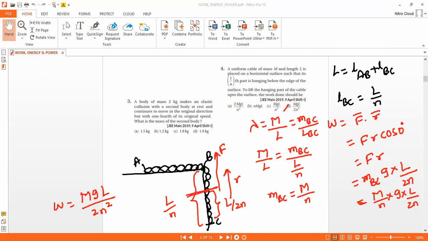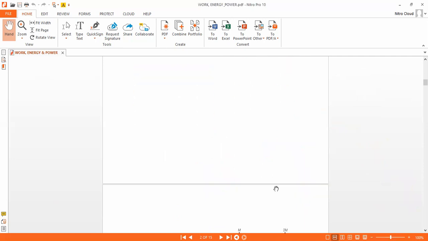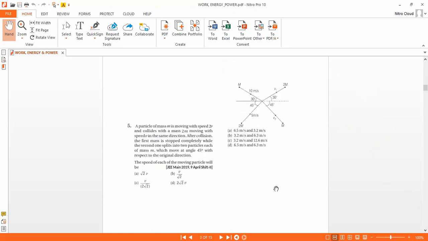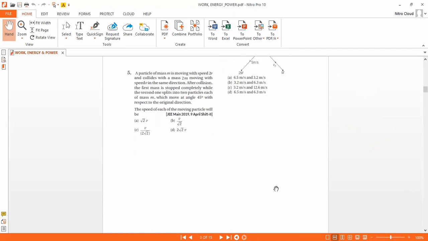Next question. A particle of mass m moving with a speed collides with a mass 2m with a speed 2v in the same direction.